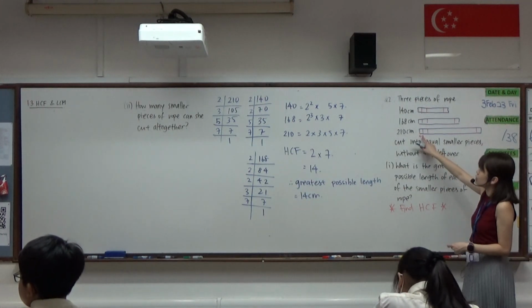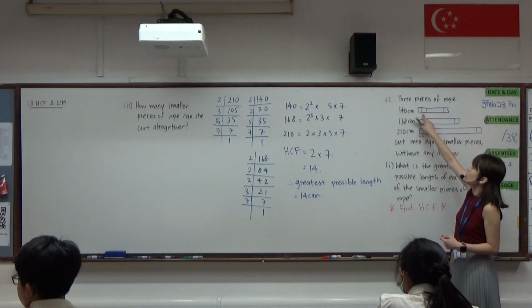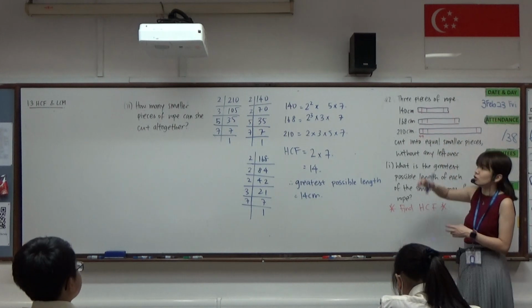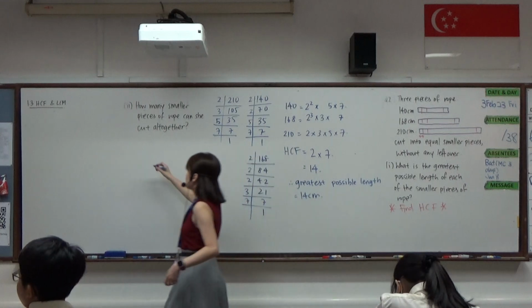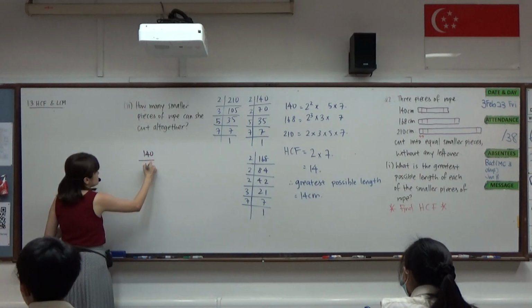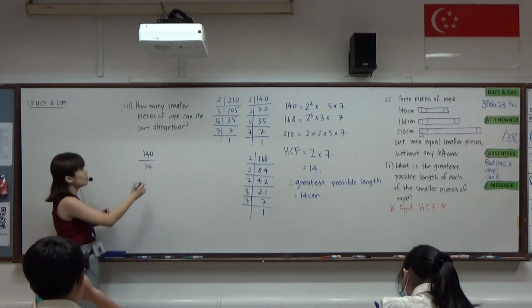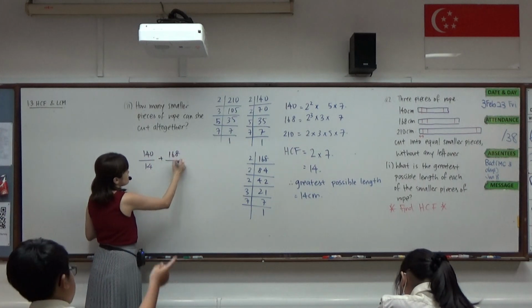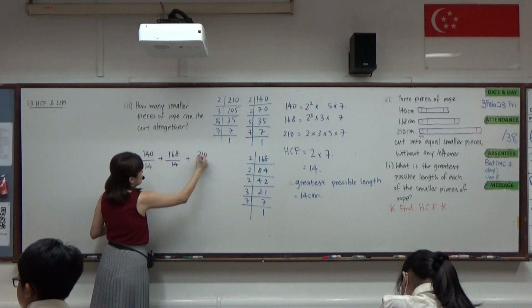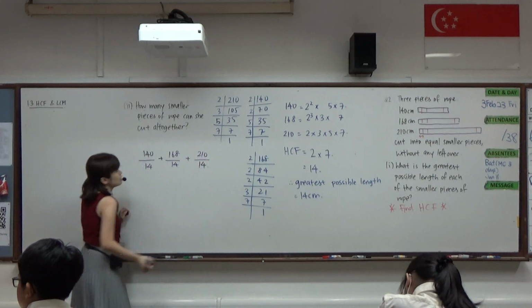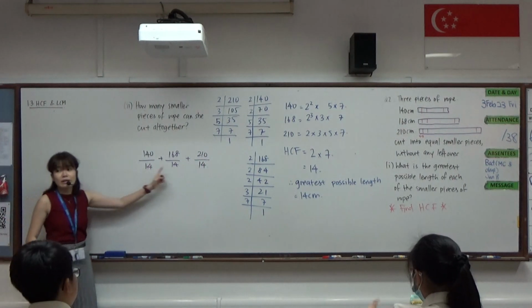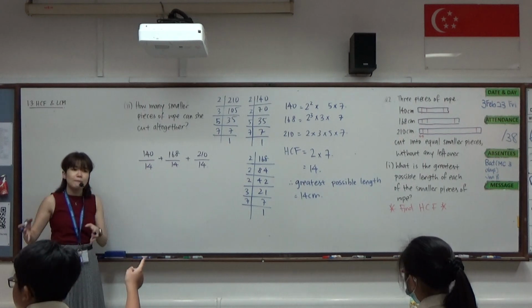Each part is now going to be 14 cm. To know how many parts come out from 140, we take 140 divided by 14, and we do the same for every single row: 168 divided by 14 and 210 divided by 14. You can write your working in this manner, you don't need to do it part by part.